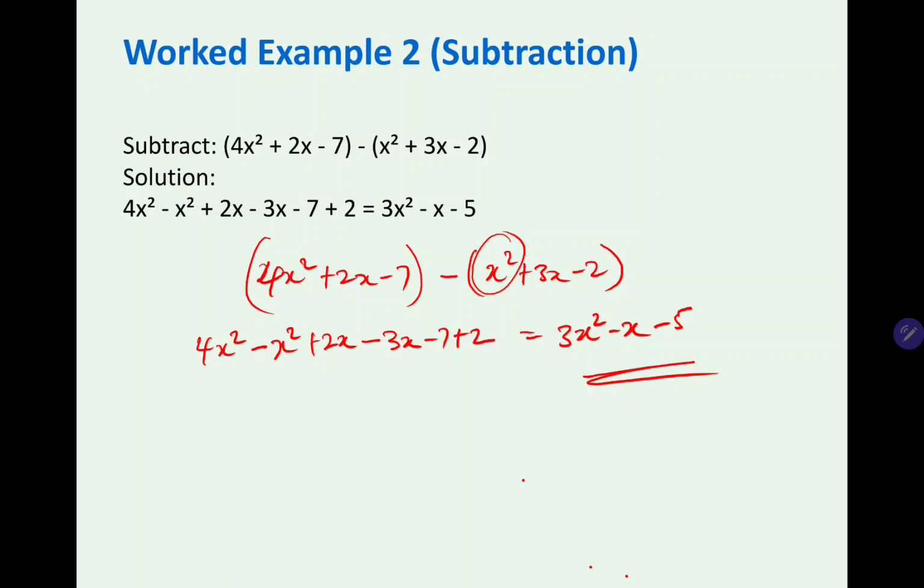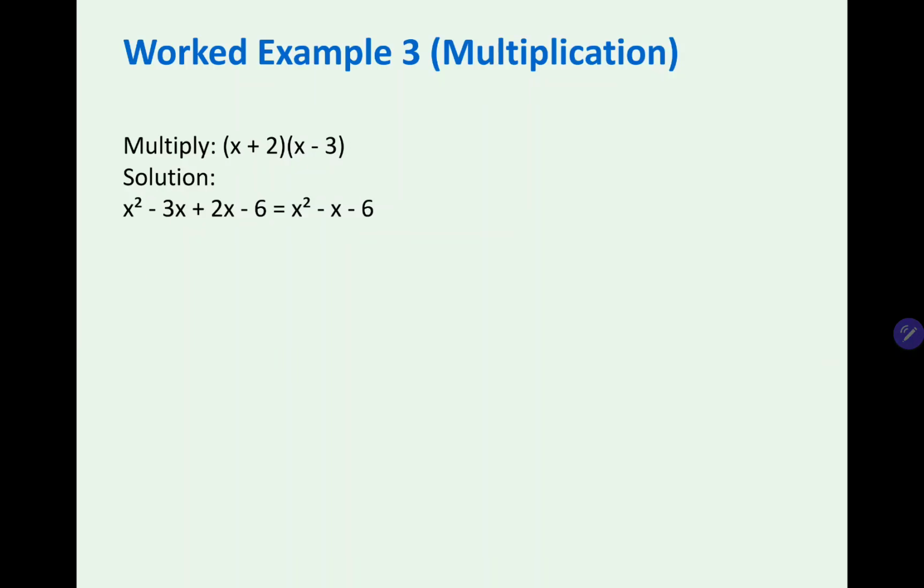So addition or subtraction of polynomials is the same thing as adding and subtracting normal numbers, real numbers. The only difference is you consider the indeterminates and you consider the constants separately by matching them appropriately. All right, we look at multiplication of polynomials.